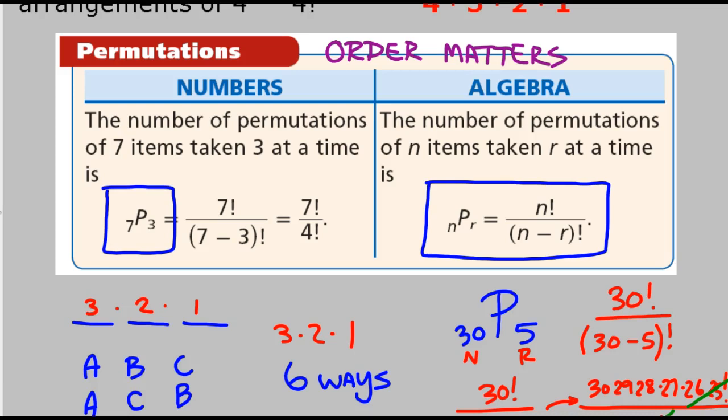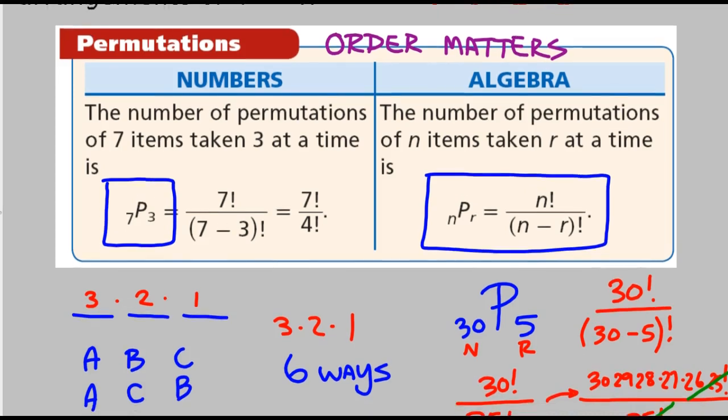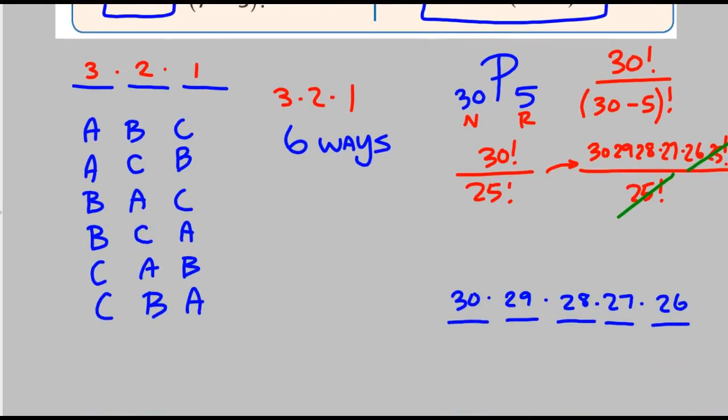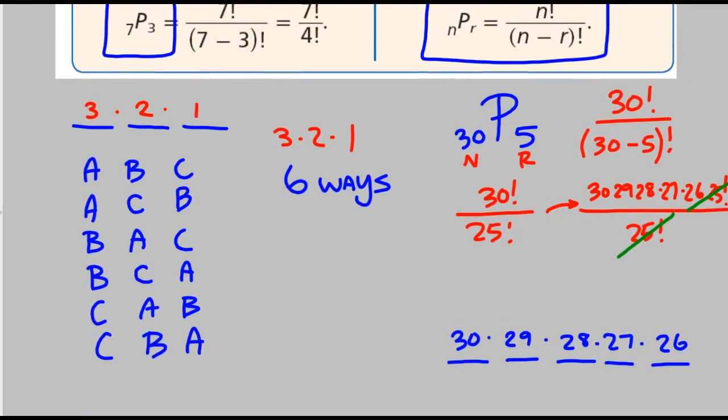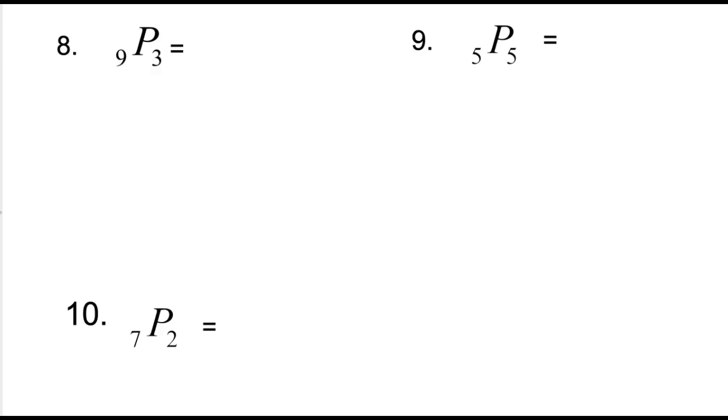So that's what these permutation buttons are for, and that's what this little rule is for, basically a shortcut. When you are using permutations, the order in which you are counting up your different ways or things matters.